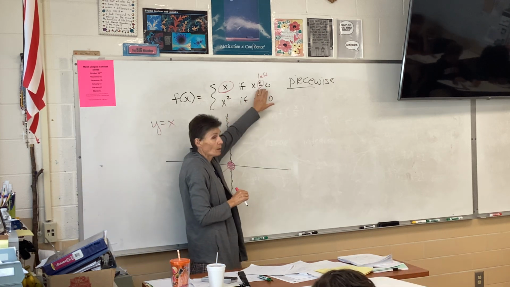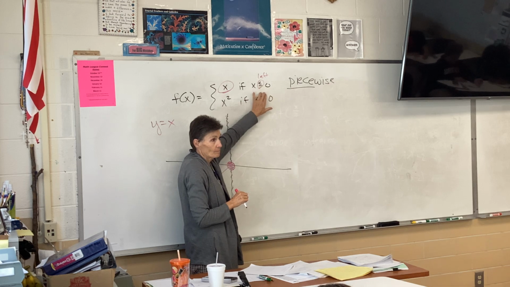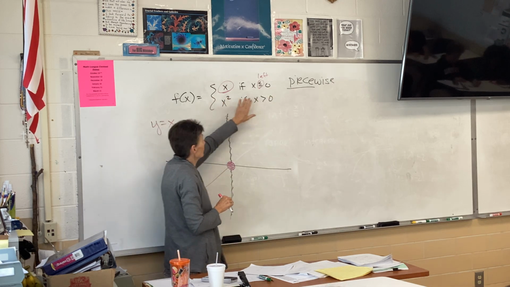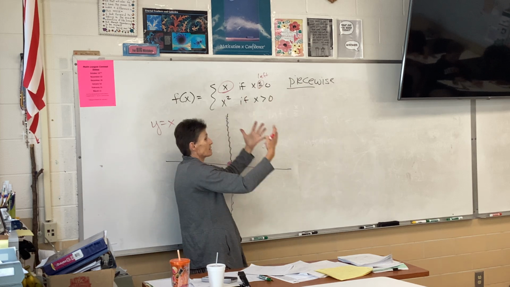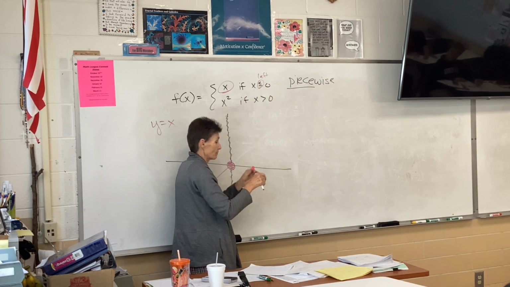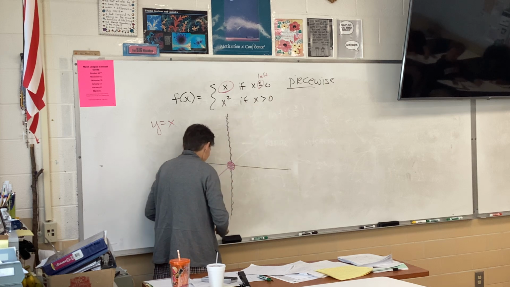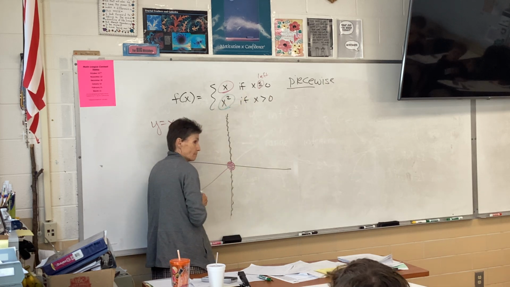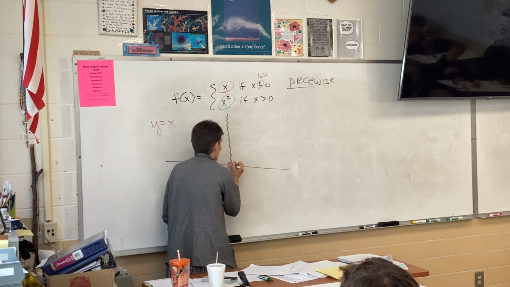This tells me what to keep. I don't get to keep the whole line. I only get to keep the part of it to the left. Now, what shape is this? Parabola.